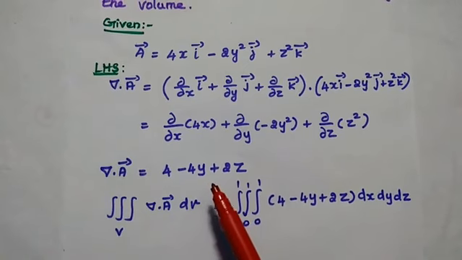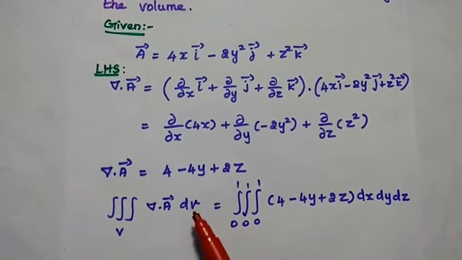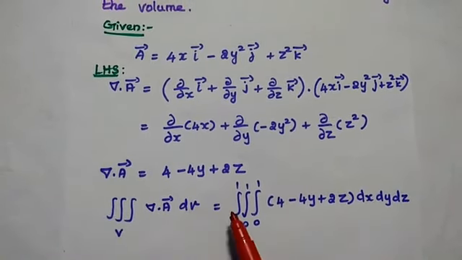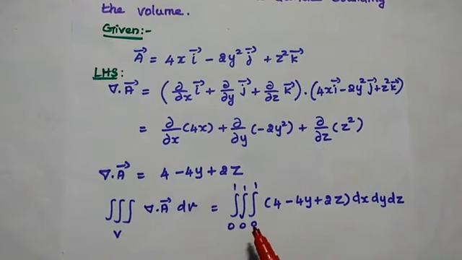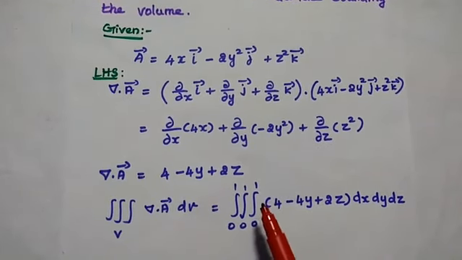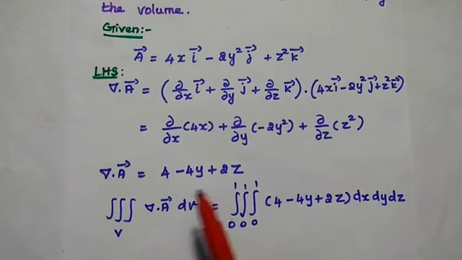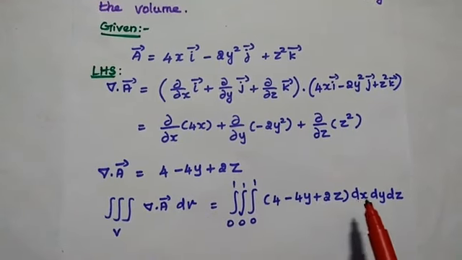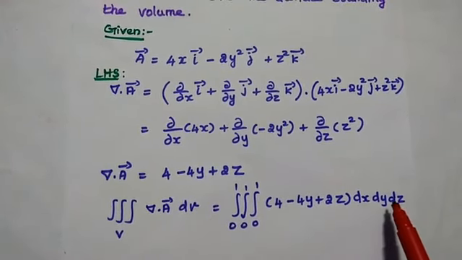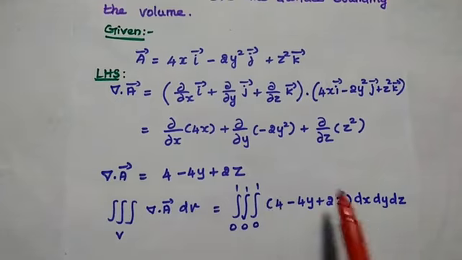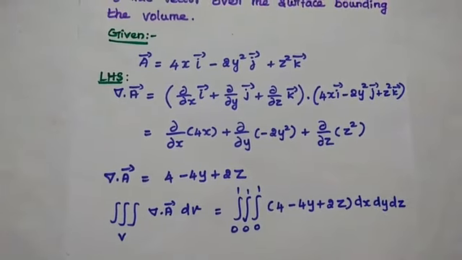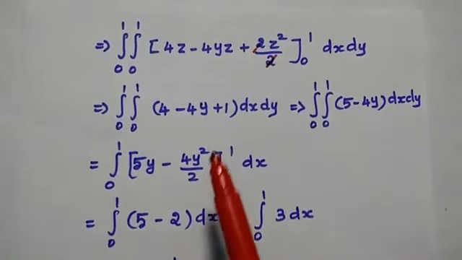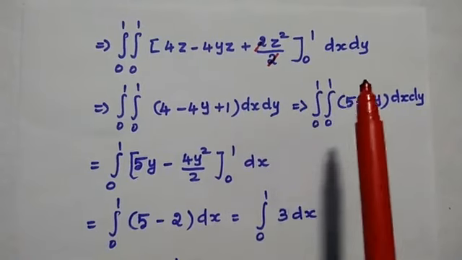Next we are going to take the volume integral for this divergence. So here we can write a triple integral with the limits 0 to 1, of del dot A, dx dy dz. We are going to integrate with respect to x, y and z. First we are going to integrate with respect to z.